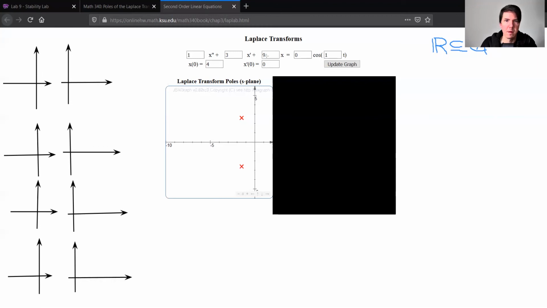So what I'm replicating here is the S-plane on the left and the X versus T solution on the right. So far, what we've seen is that when we had the two poles here and here, what that gave us was a solution.